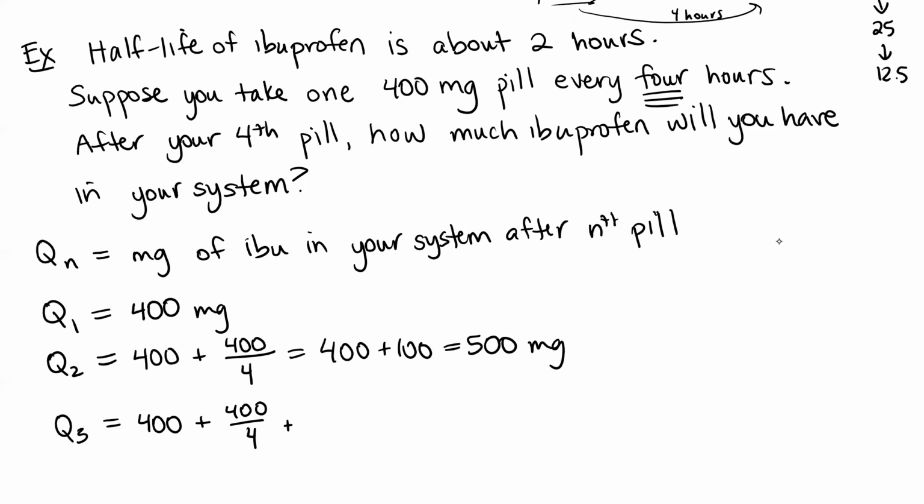And then the leftover amount from your first pill is 400 divided by 16, because now 8 hours have passed. That's 4 half-lives. So that is how we get 16 on the bottom there. Okay, so if we add these numbers up, we get 525 milligrams of ibuprofen in your body.